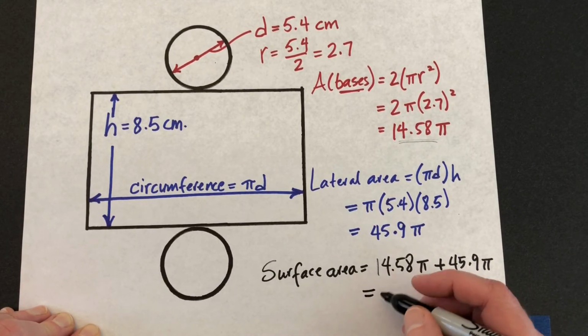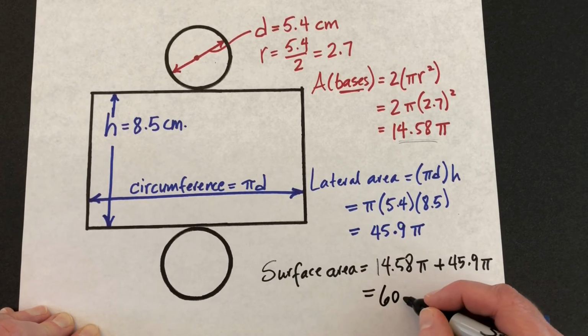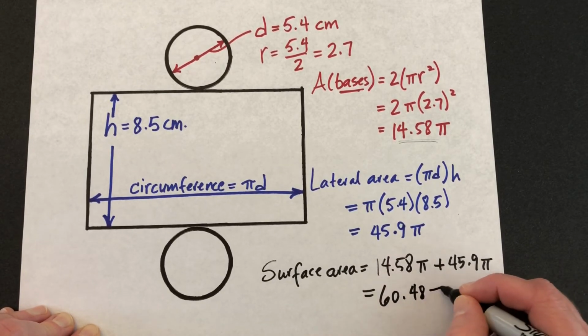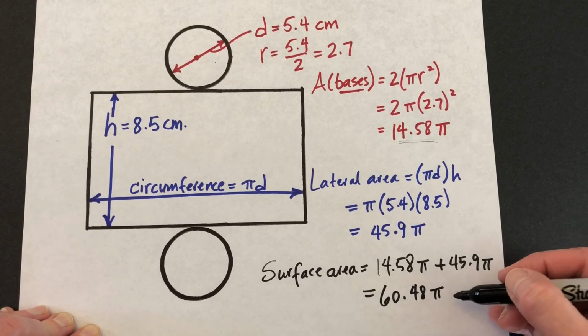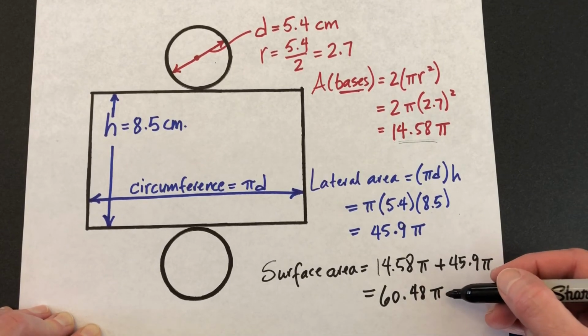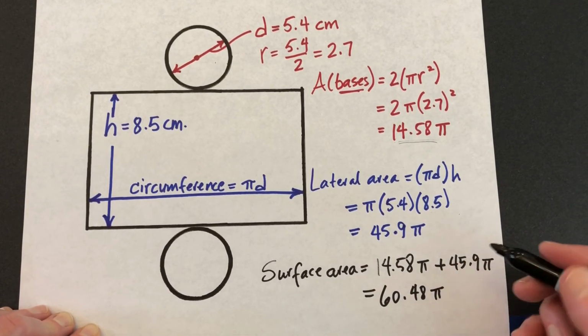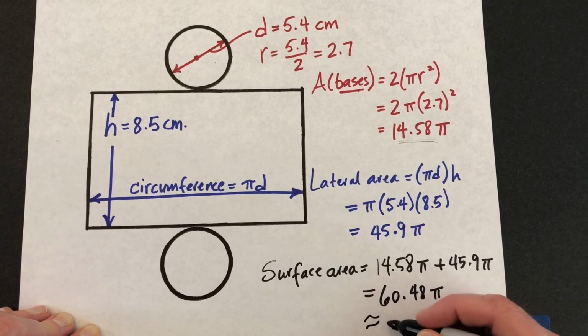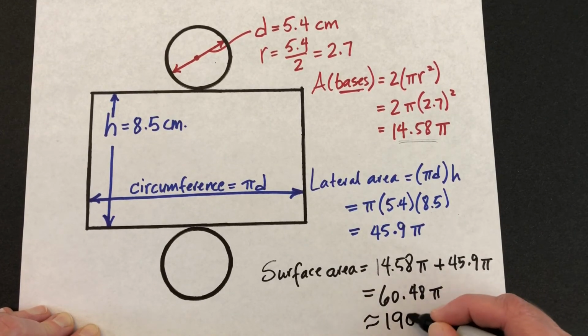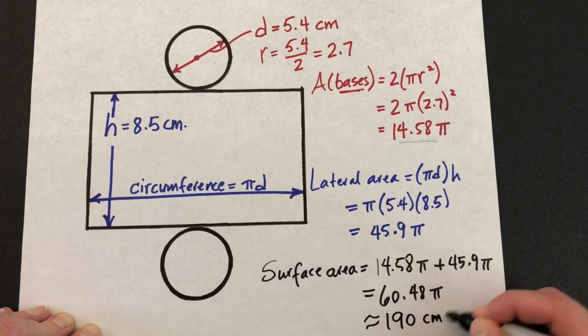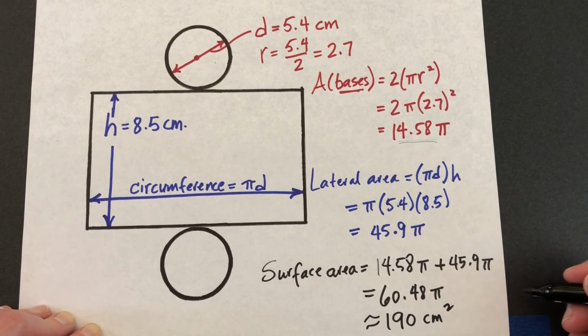And we add those together, we get 60.48 times pi. And now we'll put pi into our calculator, and we'll take pi times 60.48, and we get right at 190 square centimeters.